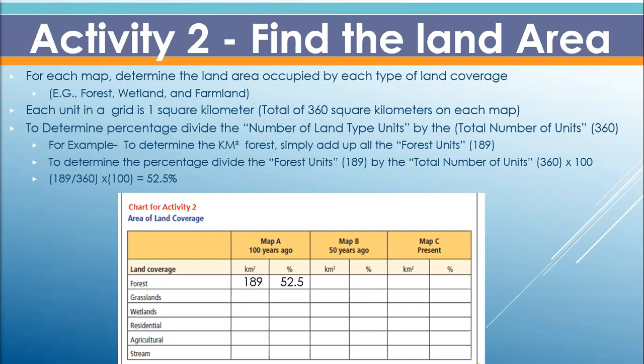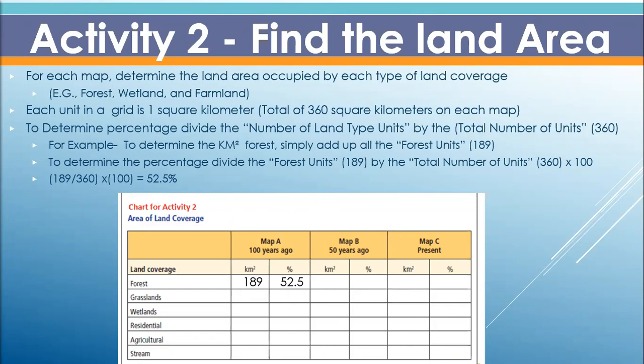Each unit in a grid, so each 1 square kilometer, is equivalent to 1 unit in a grid. So there is a total of 360 square kilometers on each map.